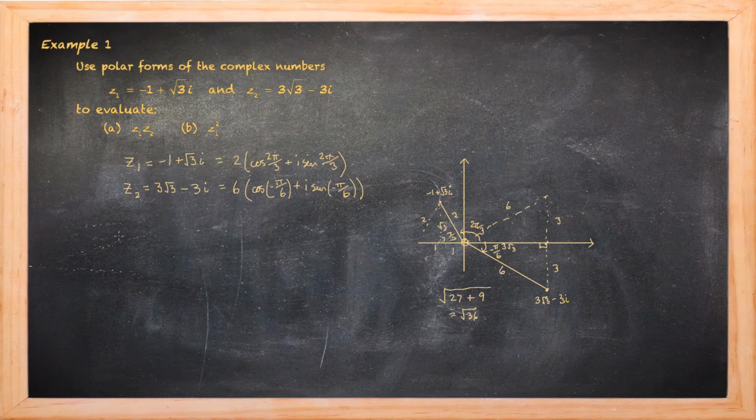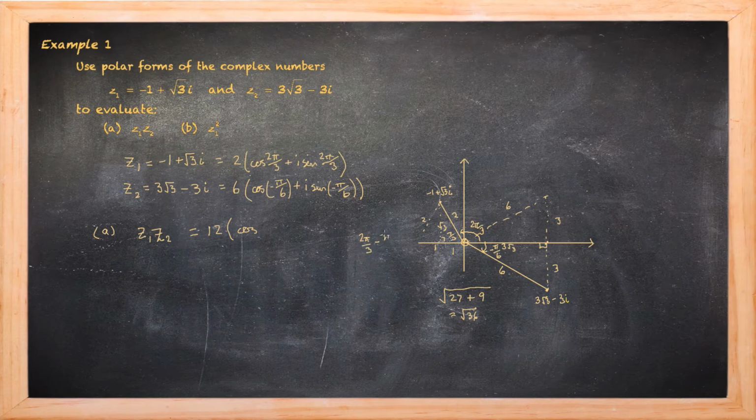So let's tackle part A of the question now that we've got the polar forms. We're trying to evaluate z1 z2. So we're multiplying these two together. Now remember, the moduli we multiply, the arguments we add. So it's a fairly simple task to do this. Mind you, 2 pi upon 3 plus negative pi upon 6.